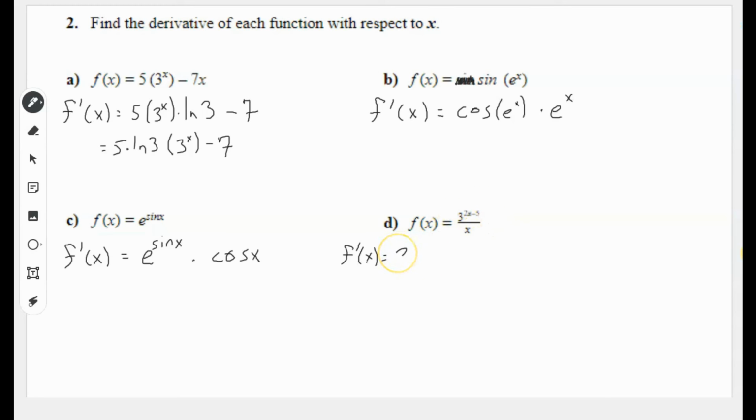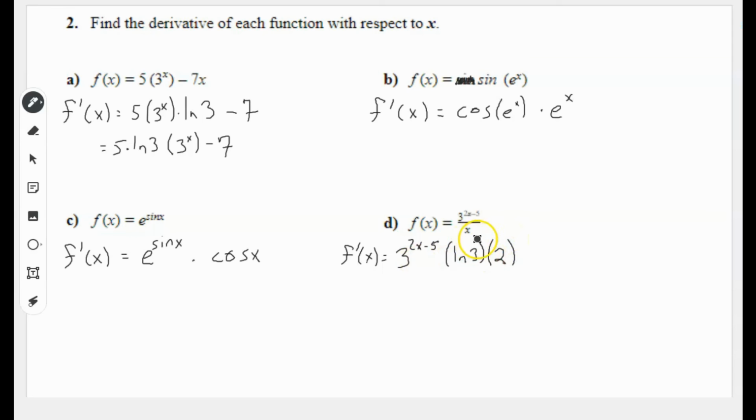So we'll just start by leaving it as 3 to the 2x minus 5. And of course we need to multiply that by the ln of the base, so multiply that by the ln of 3. And multiply that by the derivative of that exponent, where the derivative of 2x is just 2. And the derivative of negative 5 is 0.